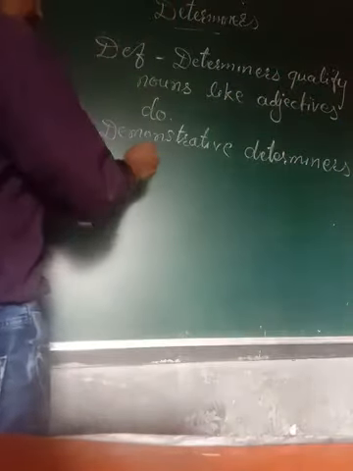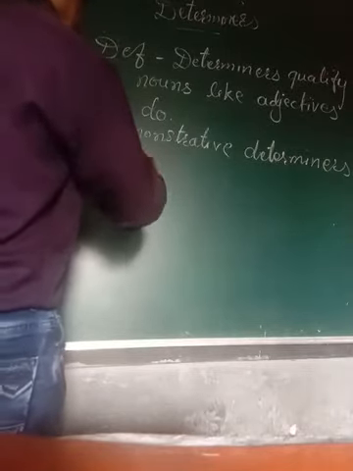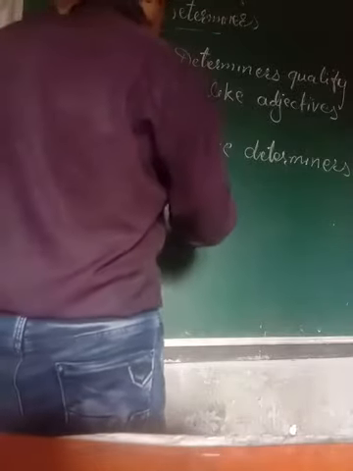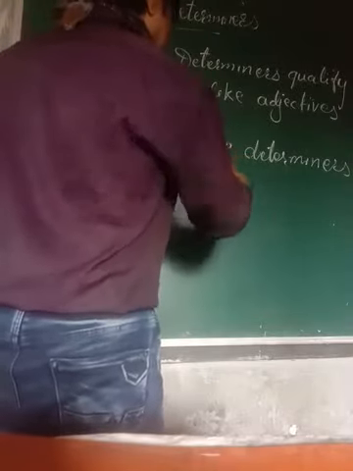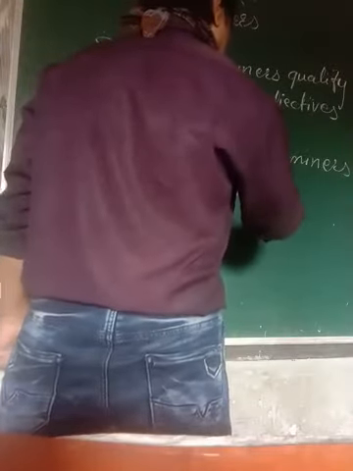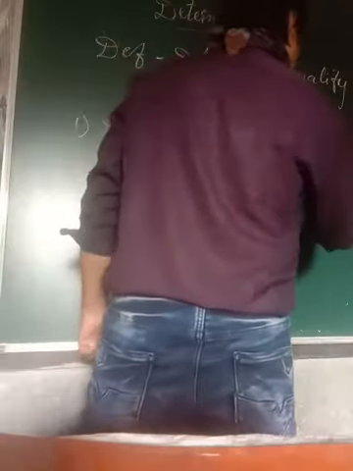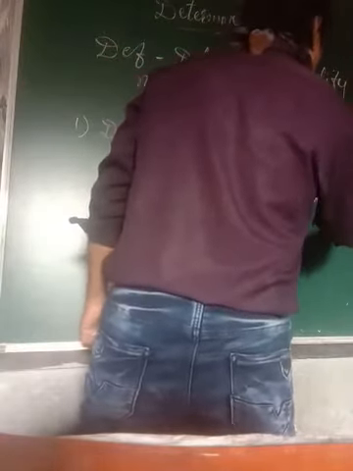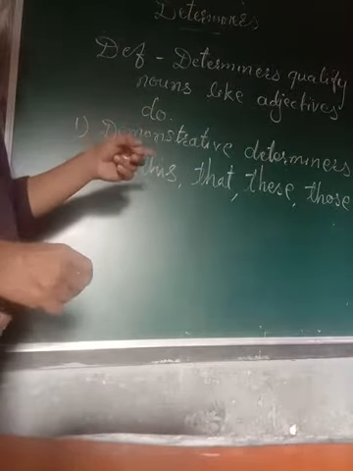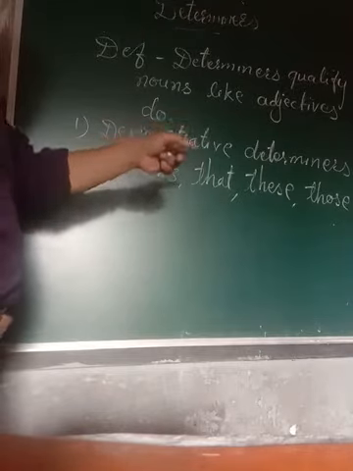They are this, that, these, and those. Look, these are demonstrative determiners. What are those? This, that, these, those.